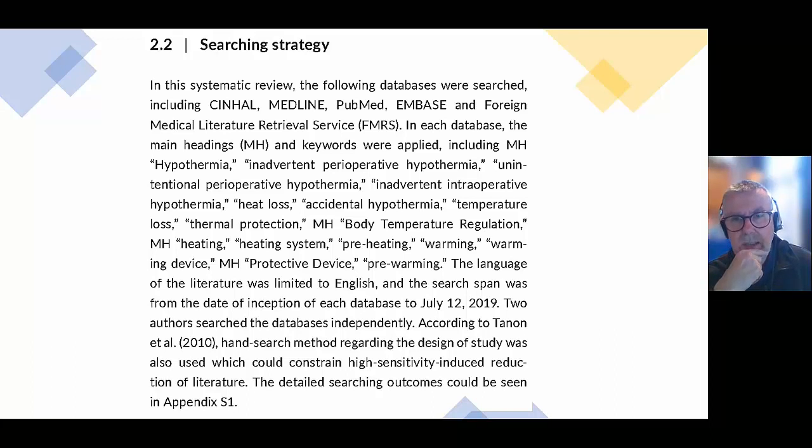They limited their search to English language papers only, and they put no limit on the age of the research papers being searched. To ensure robustness in the form of reliability, i.e. repeatability, 2 independent searches were carried out by 2 of the paper's authors. They also added to the depth of their searching using a process known as hand searching, whereby the text and reference list of the papers themselves would have been carefully checked to see if any relevant papers are revealed that had not appeared in the database searches.